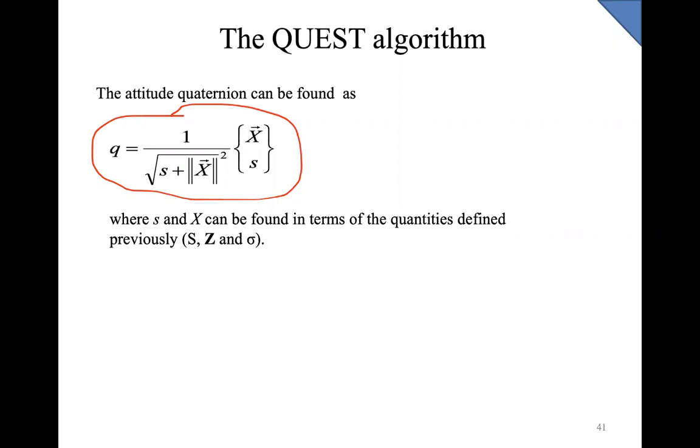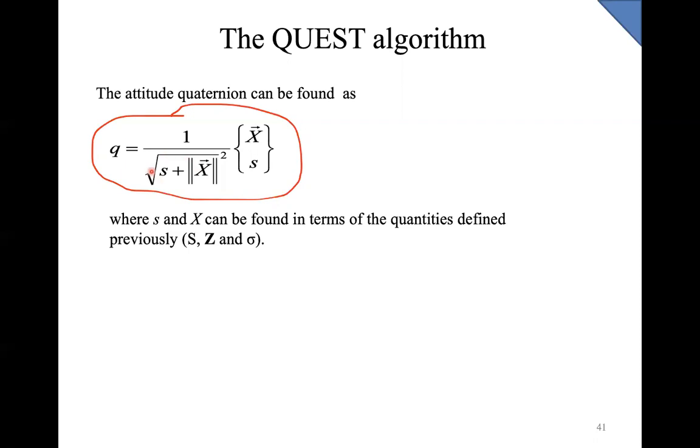As I told you, this formulation is probably not even correct. This is a normal vector, but S is a scalar. S is the scalar part of the quaternion, and X is the vector part.